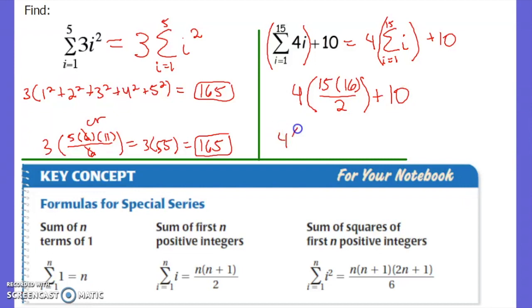So I'm going to grab my trusty calculator, type in 15 times 16, and divide by 2, and I get 120. Then don't forget our plus 10, which just means that 4 times 120 would be 480, plus 10 is 490, and we've quickly got our answer without having to do 15 different steps in our series.